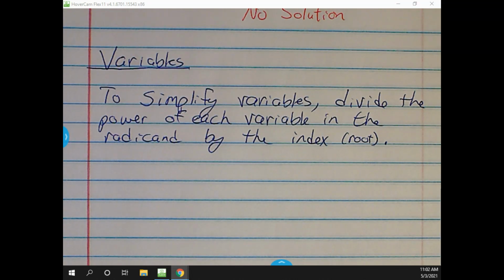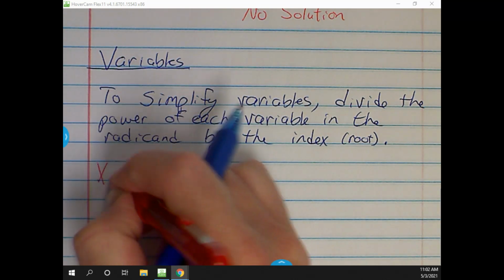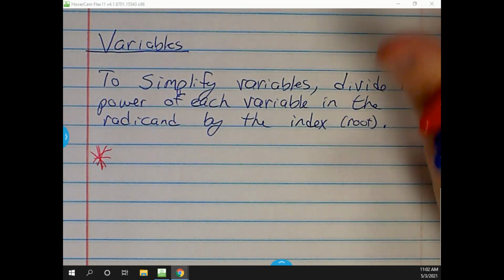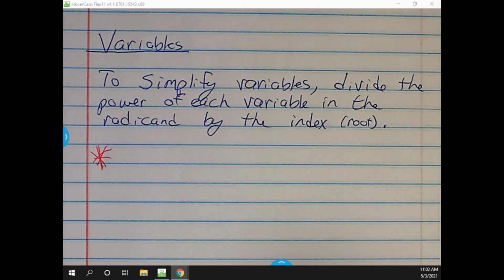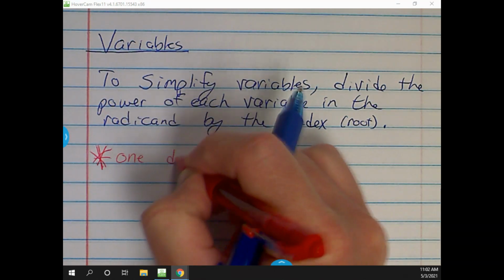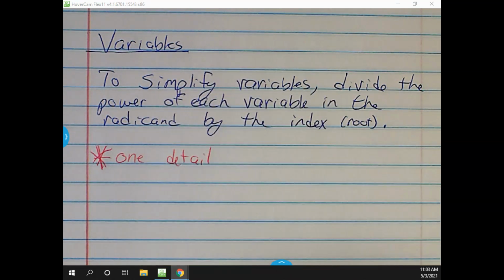Here's the question. Here's the one thing. This is the little thing you've got to be careful of on this one. And it's one of those things that we kind of go over now, but then once we get past this, we don't worry about this one anymore. So this is the one little detail you've got to worry about for this section.